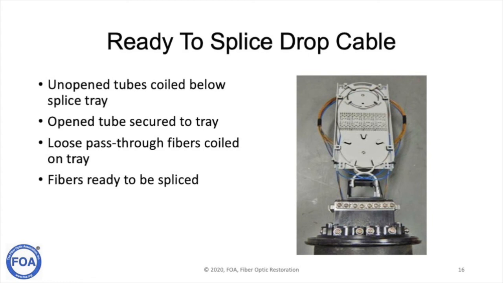If you're an installer who'll be building a network with Midspan Access and you're not familiar with it, we suggest you contact manufacturers of cable splice closures, many of whom have excellent videos showing you exactly how the process is done. You may even want to talk to tool manufacturers and get their advice on the proper tools for the cables and closures you're using.